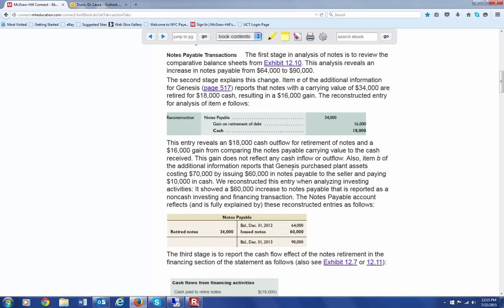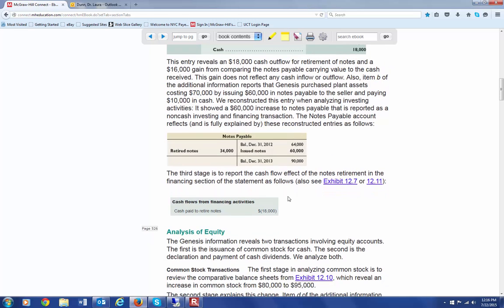Now, we also found that Genesis, as we said before, purchased plant assets costing $70,000 by issuing a $60,000 note payable, but they paid $10,000 in cash. We already reconstructed this entry when we were analyzing the investing activities. So you can see that the notes payable involves both of these transactions and has everything in it that it's supposed to have.